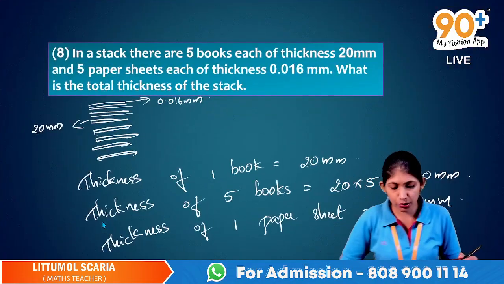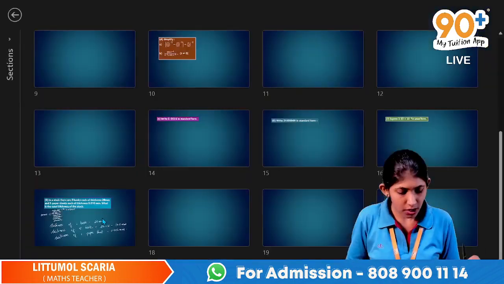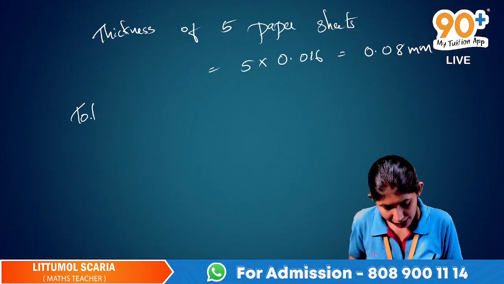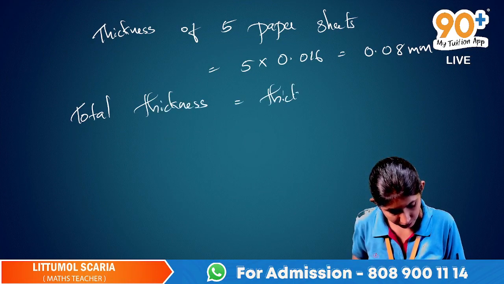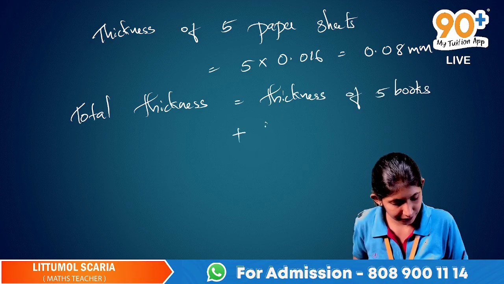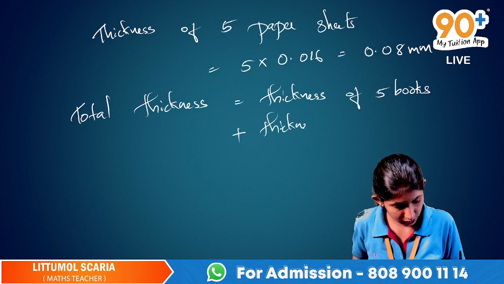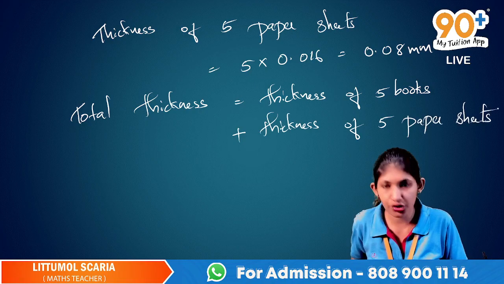Now what is asked? Total thickness was asked. What is total thickness? The thickness of the books and the thickness of the paper sheets. So just add. Total thickness is equal to thickness of 5 books plus thickness of 5 paper sheets, right?